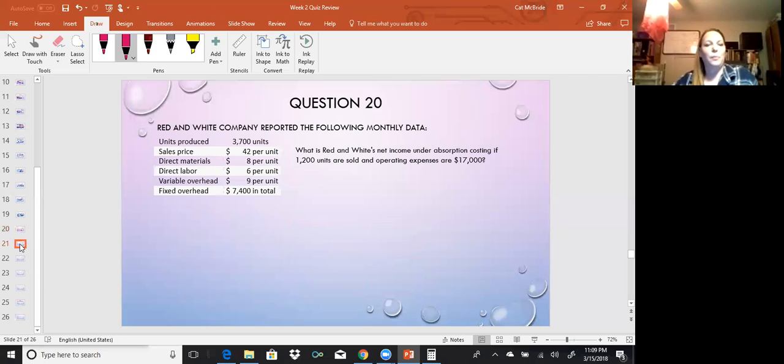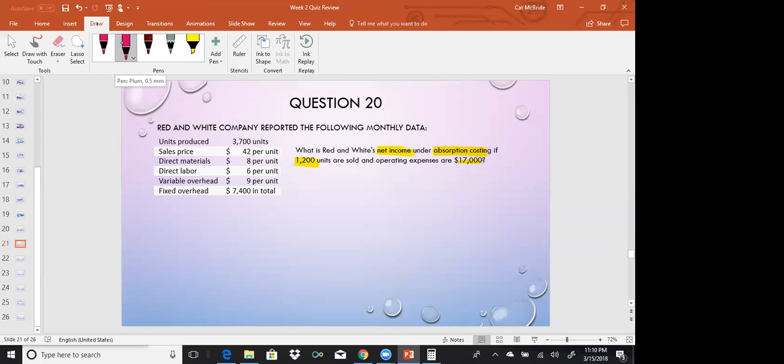Now we're going to change that one up just a little bit. And we're going to say, what is the net income under absorption costing? So under absorption costing, do I include the fixed overhead? Yes. If 1,200 units are sold and my operating expenses are 17,000.